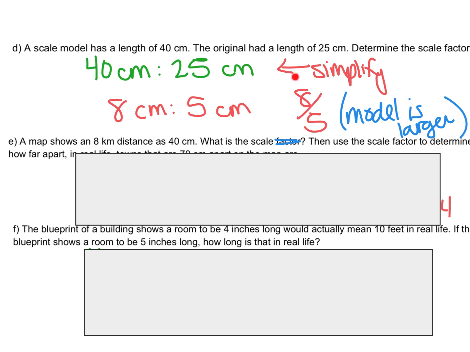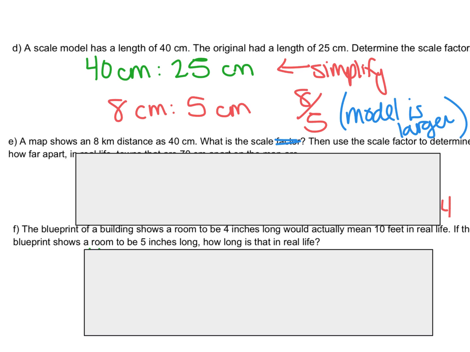And simplifying is something you can do in your calculator, but that's where the fraction form comes in, because this is how we would type it into our calculator, 40 over 25, to simplify it down. So the model is larger, so that's why it's a larger number on top. The model is something that's representing a smaller object, whatever that object might be.